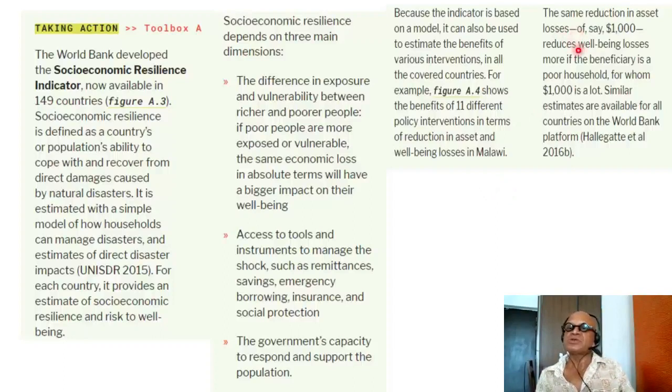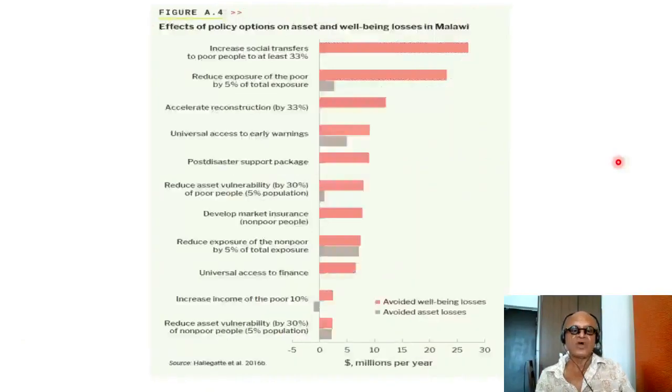The same reduction in asset losses of, say, $1,000 reduces well-being losses more if the beneficiary is a poor household for whom $1,000 is a lot. Similar estimates are available for all countries on the World Bank platform. Alagat, who's the lead author here, has done a lot of work on this.